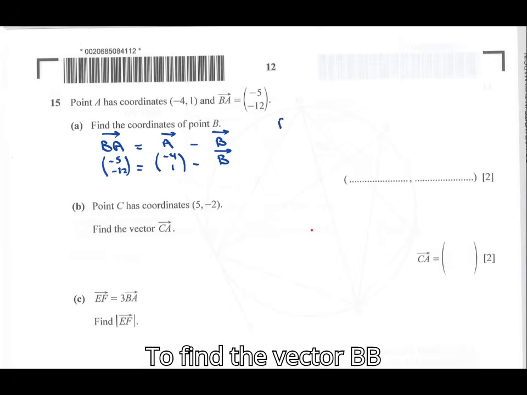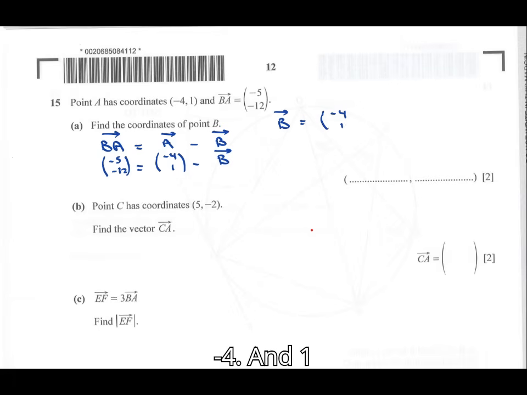To find the vector B, we calculate (-4, 1) minus (-5, -12).